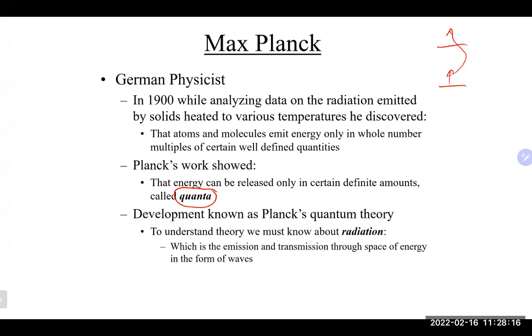And when we talk about a quanta of energy, we'll see some other demonstrations of this a little later on. But the idea here is that energy is either gained or released in certain quantities that allows things like electrons, for example, to go from one energy level to the next.